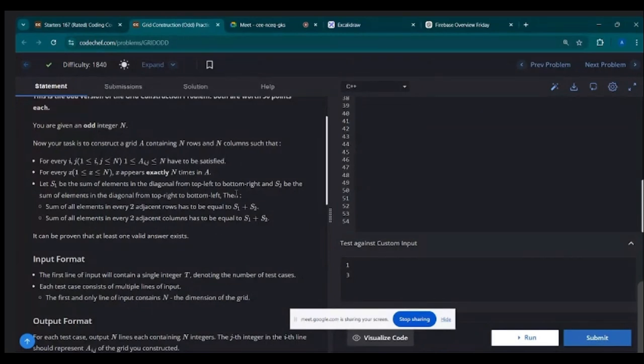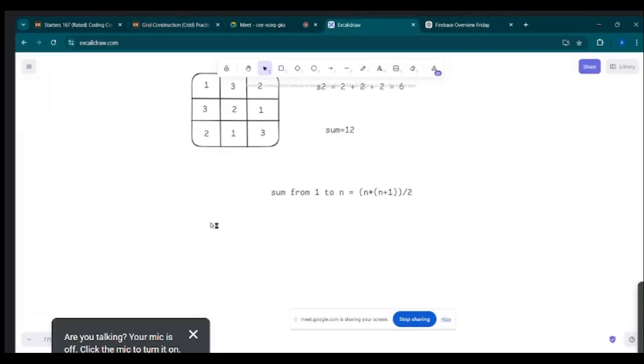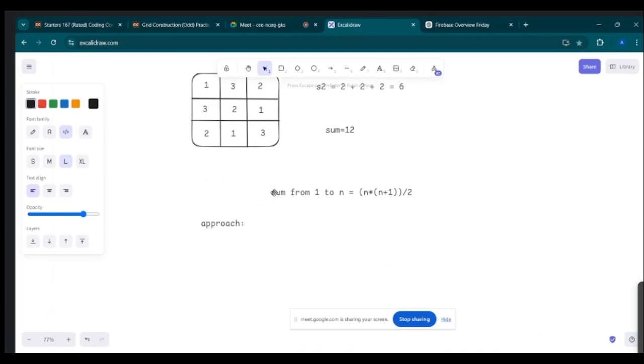And so our approach can be to make every row sum equal to every column sum equal to the diagonal sum.